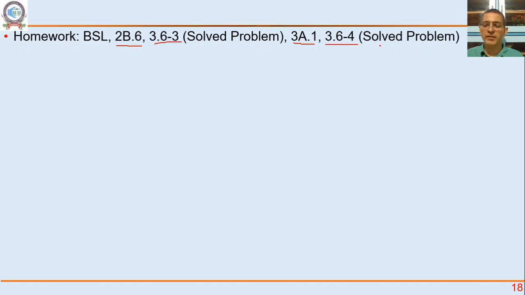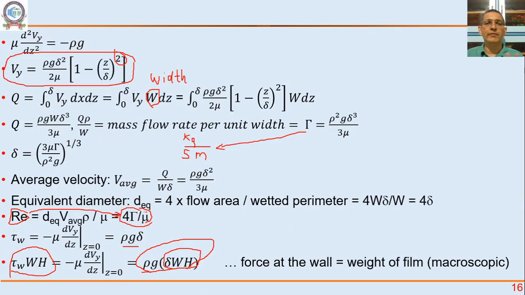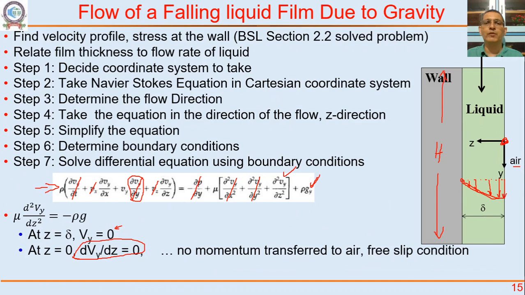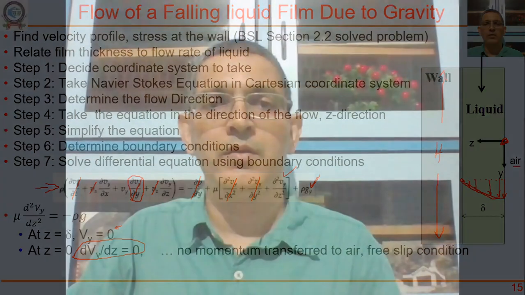Solve these problems yourself. They are all based on the things that we have talked about. So understand that using the Navier-Stokes equation, we can get all the macroscopic things that we want.